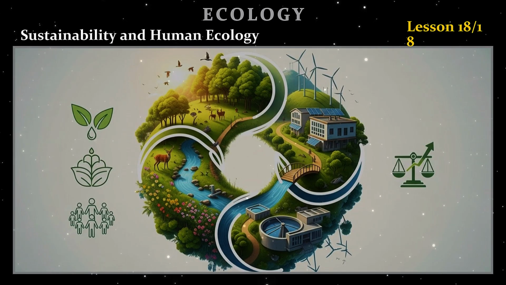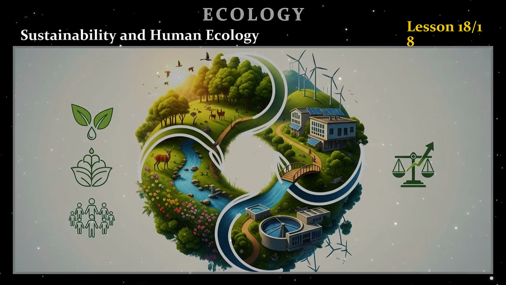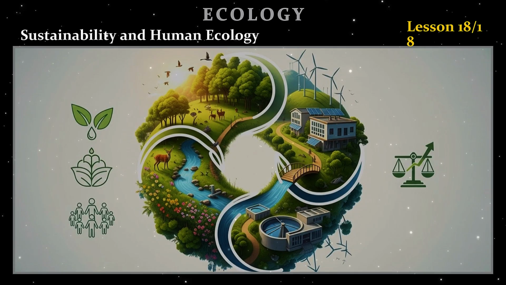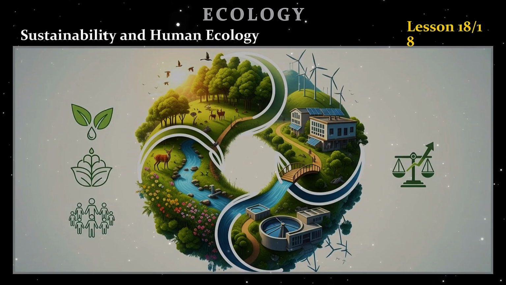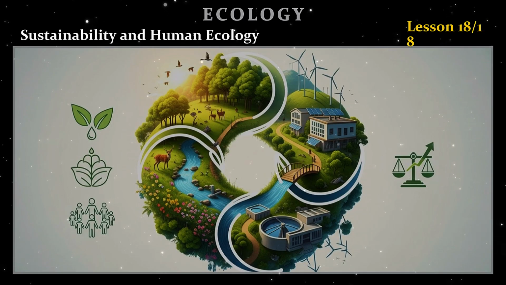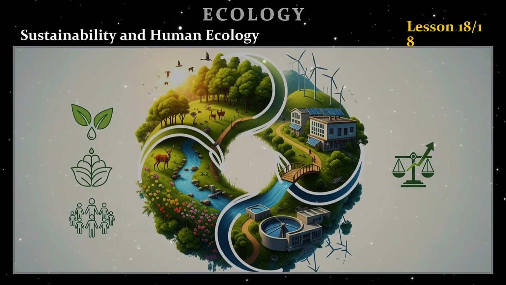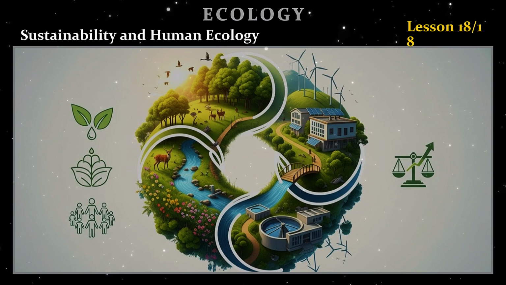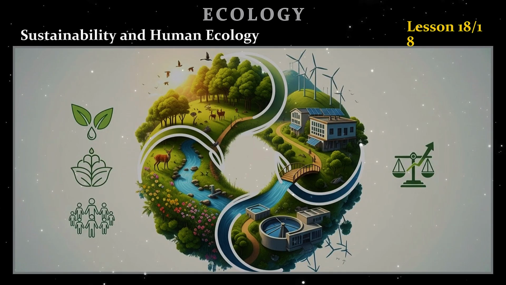A person in a wealthy nation uses far more energy and materials than a person in a developing nation. Technology is the wild card. Technology can increase impact like a chainsaw that cuts trees faster than an axe, or decrease impact like a solar panel that generates clean energy. The goal of sustainability is to adjust these variables so that our total impact falls back within the carrying capacity of the Earth.